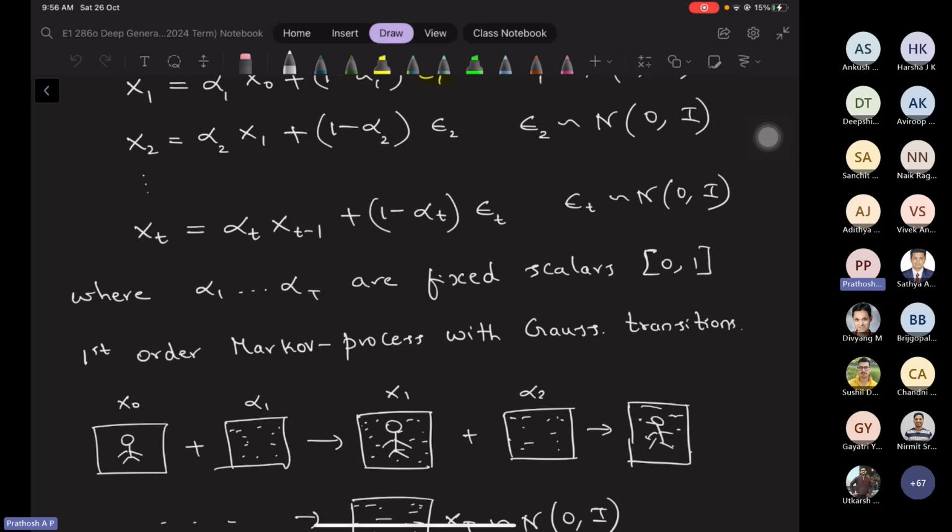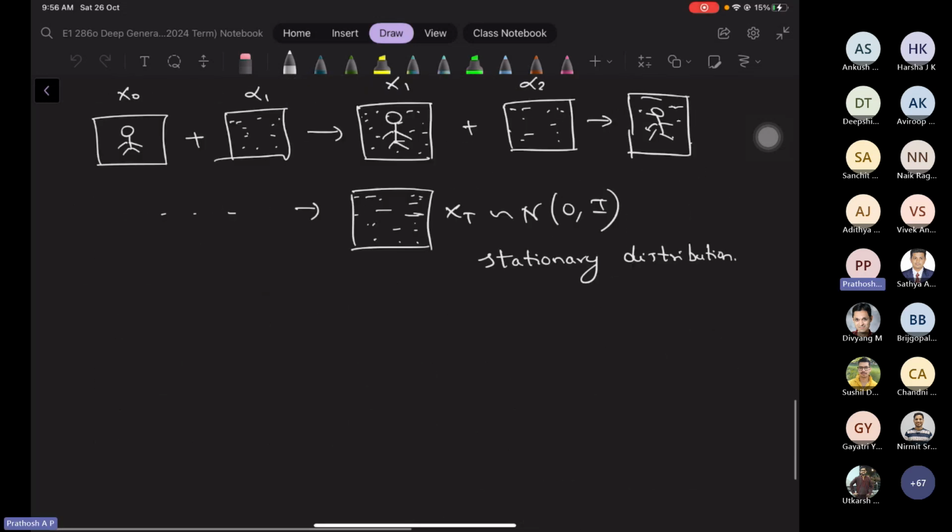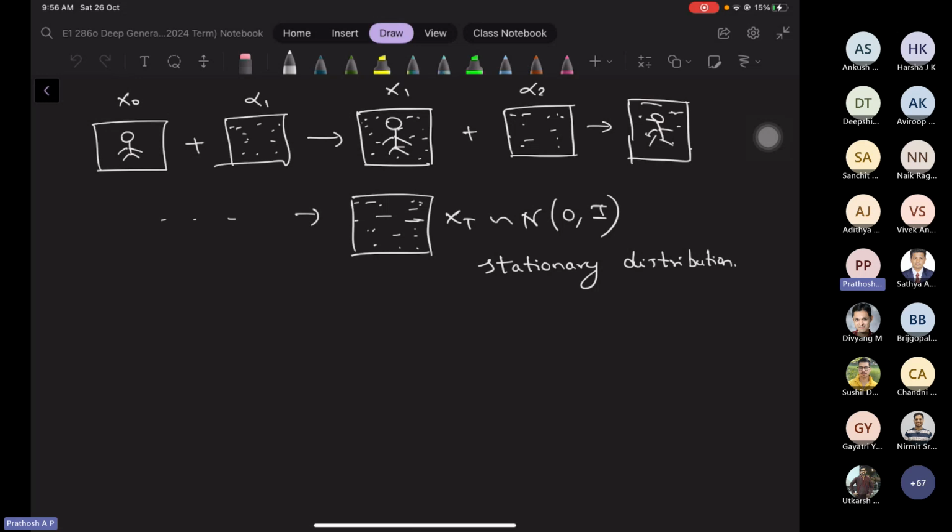It means that you take one random variable, add Gaussian noise, you get the second random variable, and you traverse that Markov chain. The stationary distribution of this Markov chain is normal 0, 1. I also showed you that picture, where you start from an image and get to the noise. I showed you that last class, right? Okay, so this is where we are. Let us move on from here.